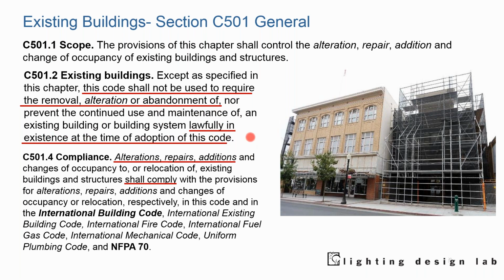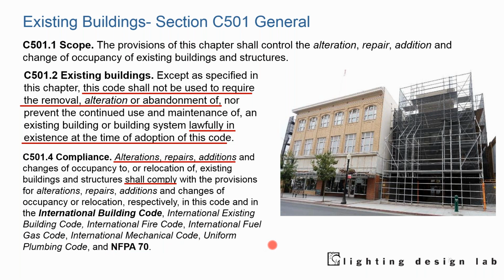So what that means is if you've got a building that's lawfully in existence, and you're changing it in some way, you don't have to alter the rest of it as long as it's functioning well. Compliance: alterations, repairs, additions, and changes of occupancy shall comply with the provisions for alterations and repairs as seen in the International Building Code, NFPA 70, and some of these others.